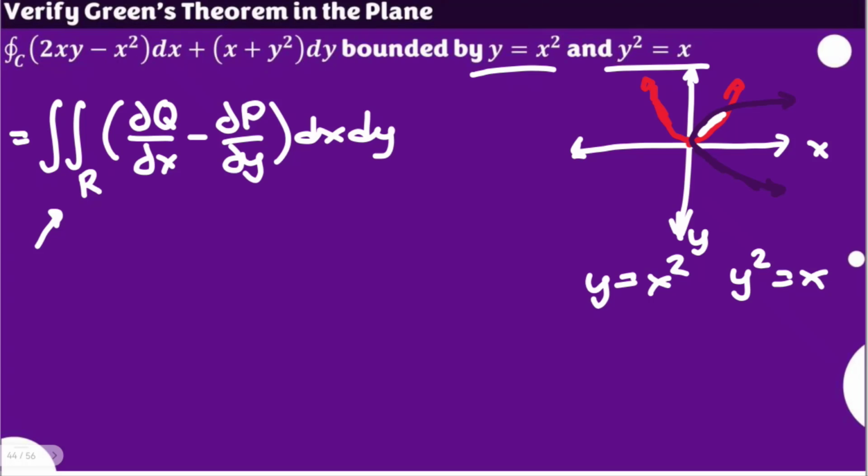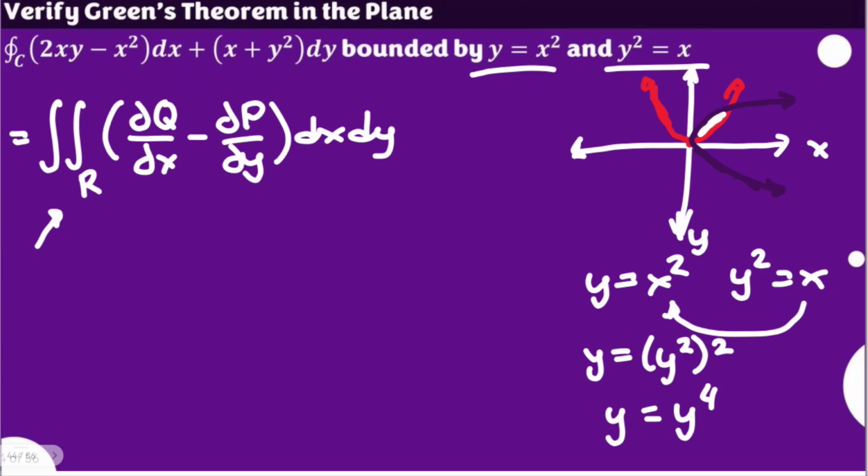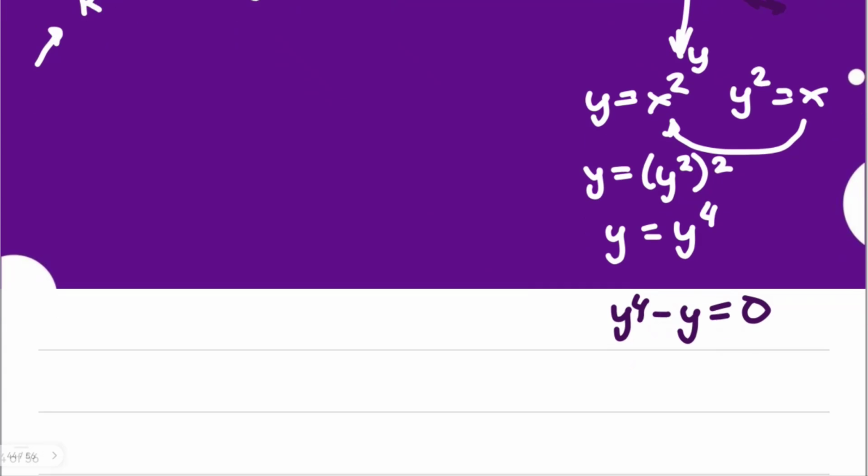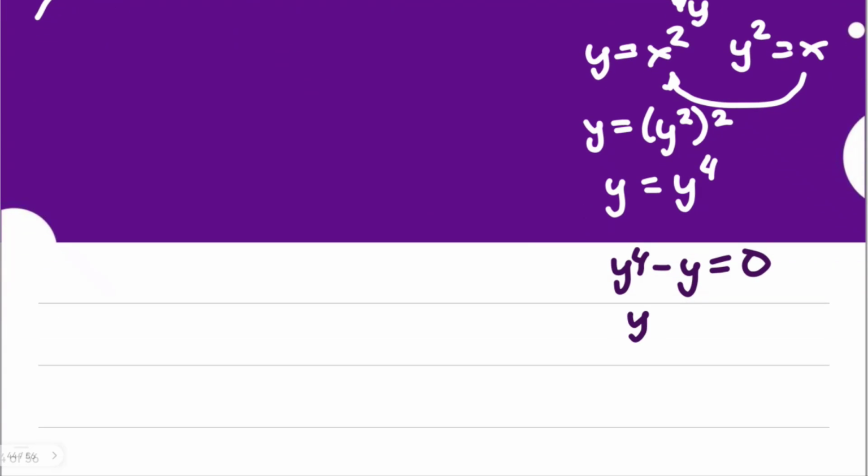If we substitute that here, y is equal to y squared squared, meaning y is equal to y to the power of 4. Solving for y, you will have y to the power of 4 minus y is equal to 0. If we factor that, y times y cubed minus 1 is equal to 0.